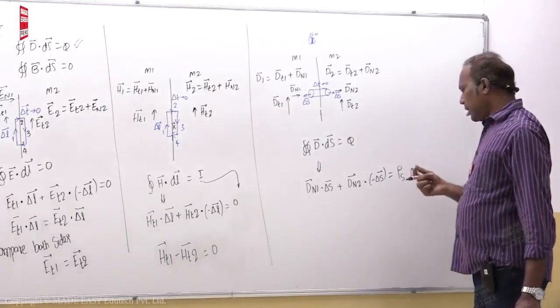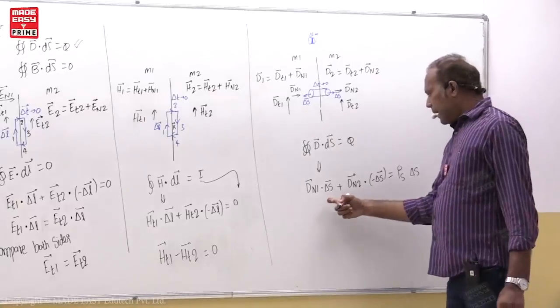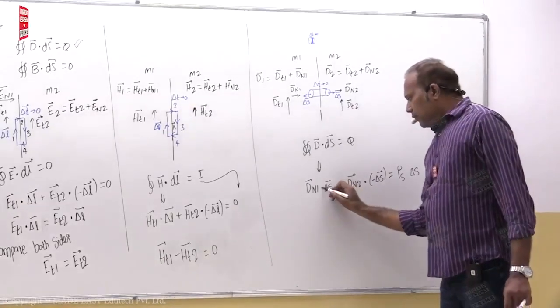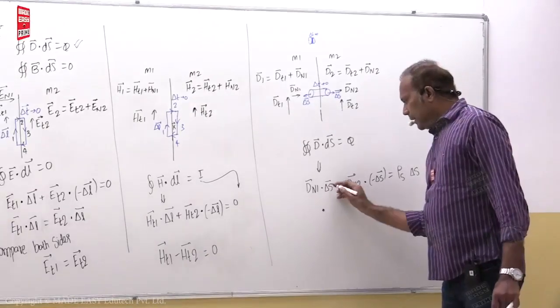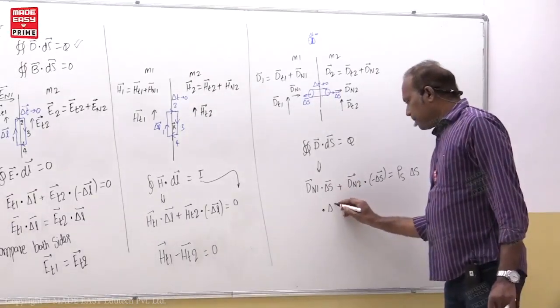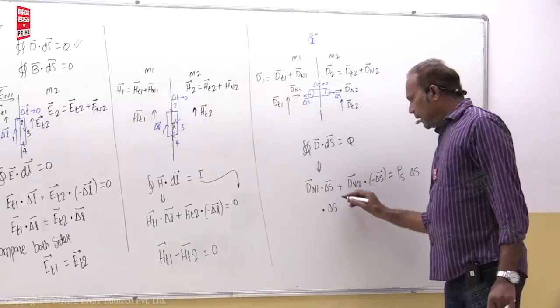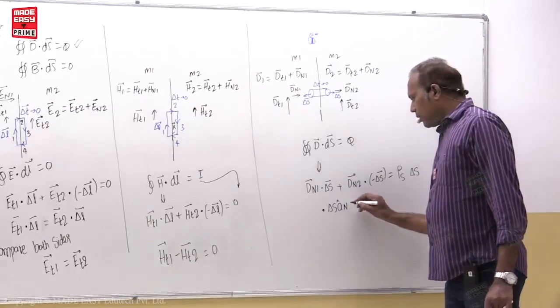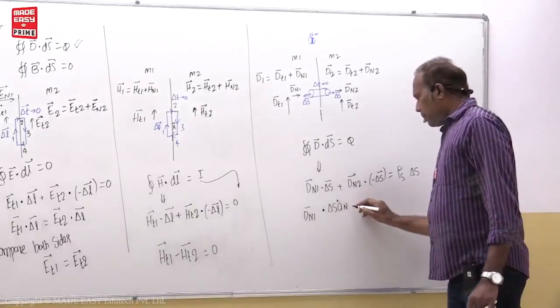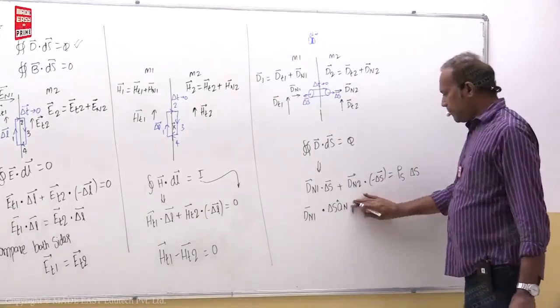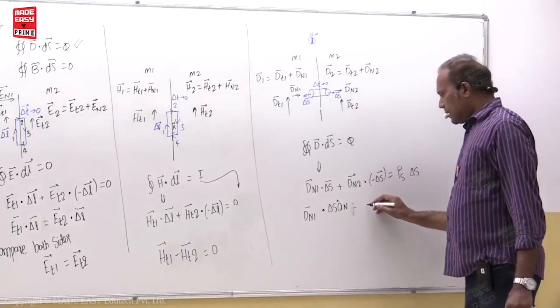So delta S into rho s. Now I can write this one like this. If you take a dot product, delta S bar can be written as delta S into the normal unit vector, and DN1 bar plus, minus I will get this side, so this is nothing but DN2 bar.